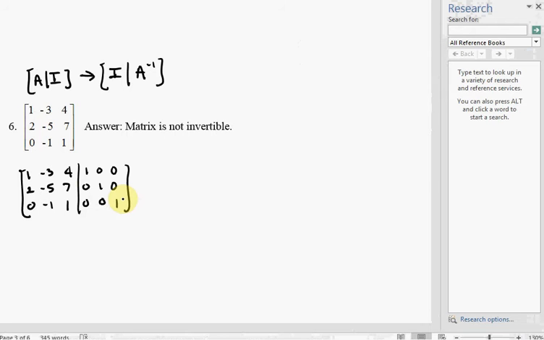Okay. So we're going to do the same operations. Take the matrix. We want to perform Gauss-Jordan on the left side and do the same thing to the right side over here to that identity matrix. So first we're going to use the 1 to get a 0 where the 2 is. So negative 2 times row 1 plus row 2.